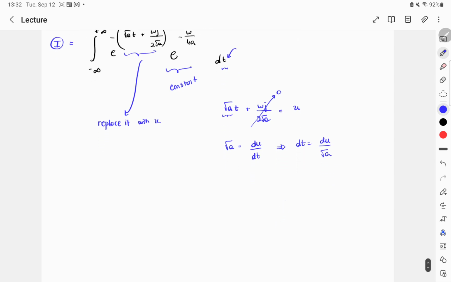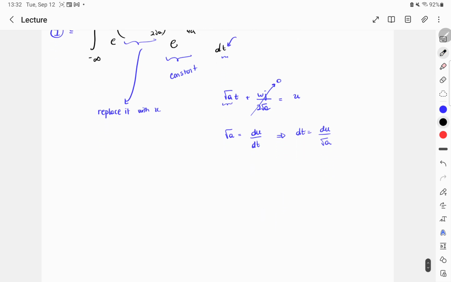All right. So I will replace all the things that I have done. Let me write integral a equals, from minus infinity to plus infinity, e to the power of minus u squared, e to the power of minus ω squared over 4a, times du over the square root of a.